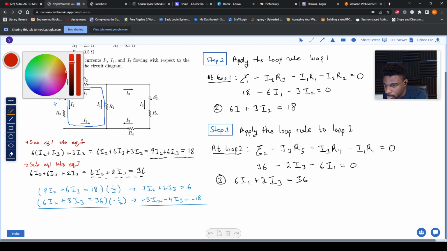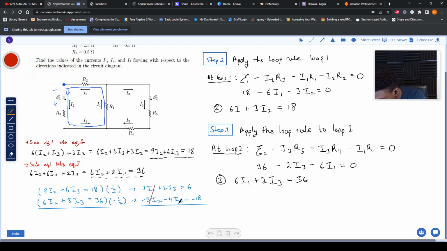The I2 terms cancel out, so we're going to have negative 2I3 equals negative 12. You can just divide by -2 on both sides to get 6 for I3. And what would our units be? It's current, so it's not ohms. Amperes, right? So we're going to have amps here.